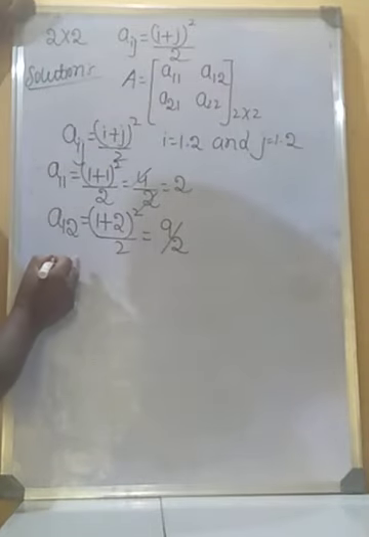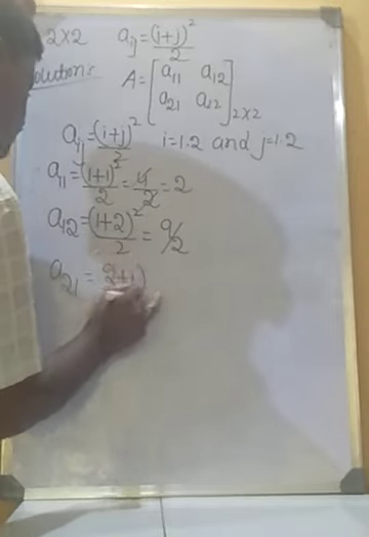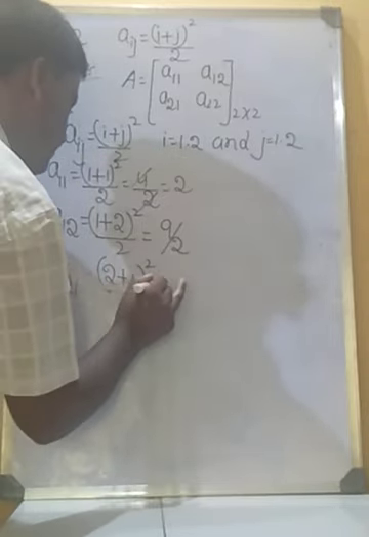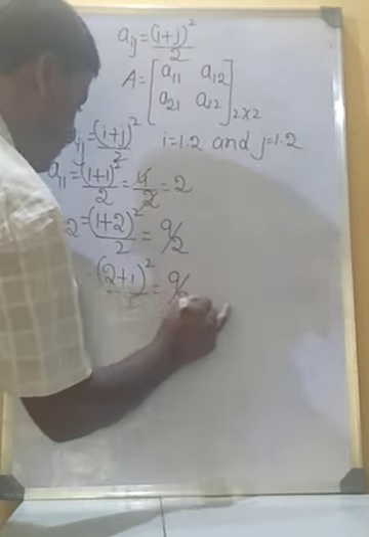The next is A21. i is 2, j is 1, (2 plus 1) whole square divided by 2, again 2 plus 1 is 3, whole square 9 by 2.